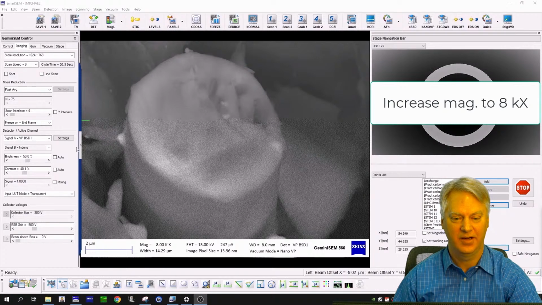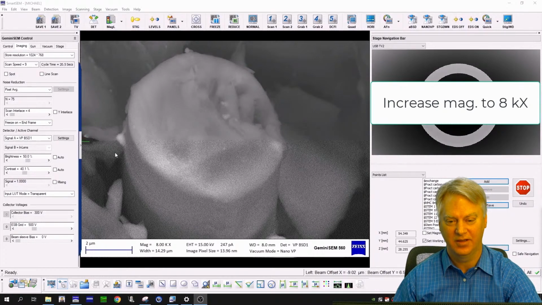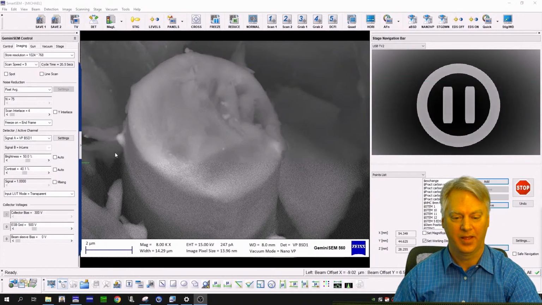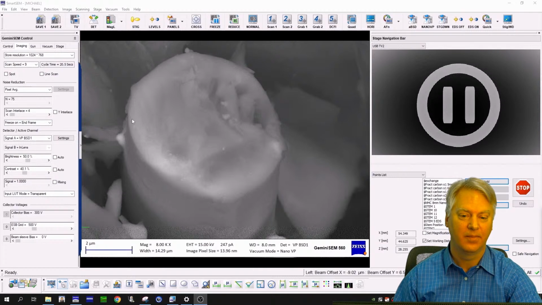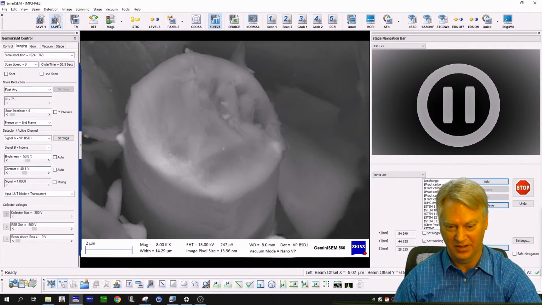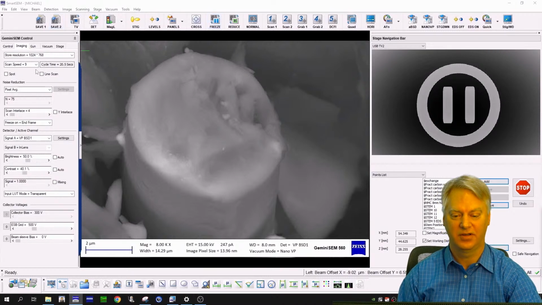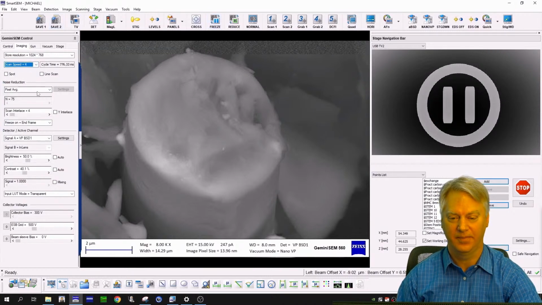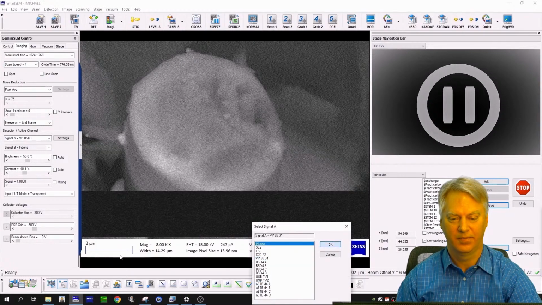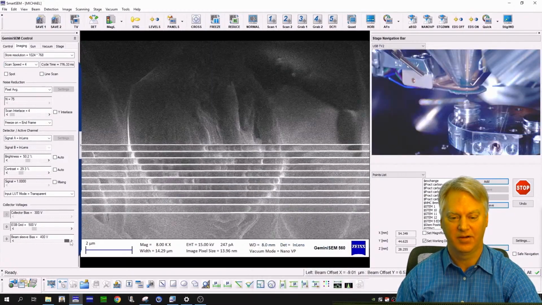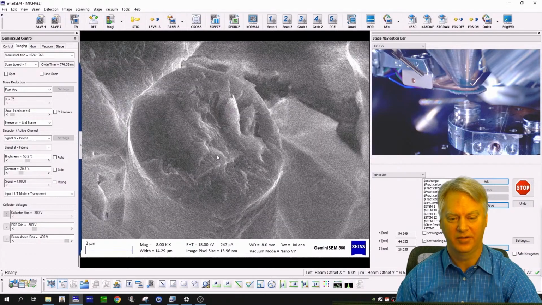Increasing to 8kx was about where I could see at the end of this thing here. Right now I'm back in the VPBSD mode, because the backscatters are not going to be sensitive to charging, so I look at that first to get an idea of what we're looking at. And we'll switch it over again to the InLens and bring up our bias here, and there's our InLens image.